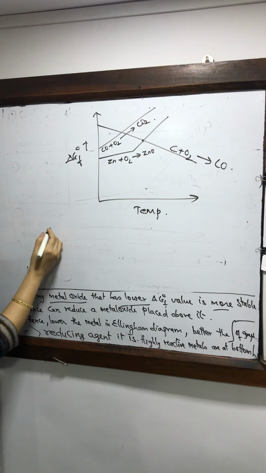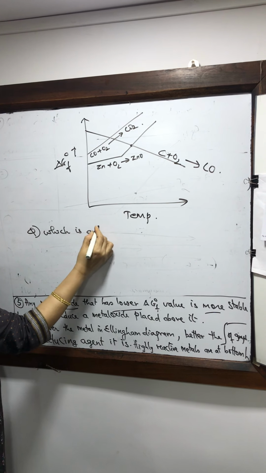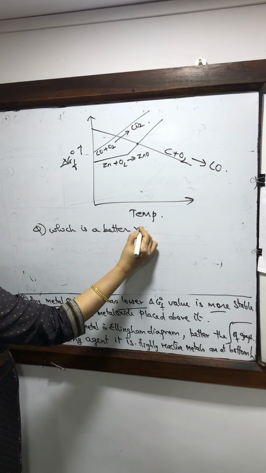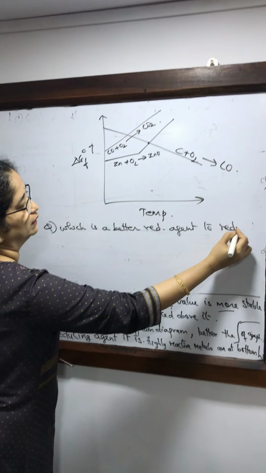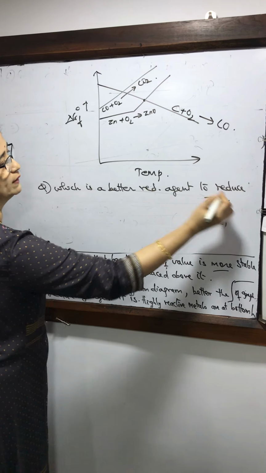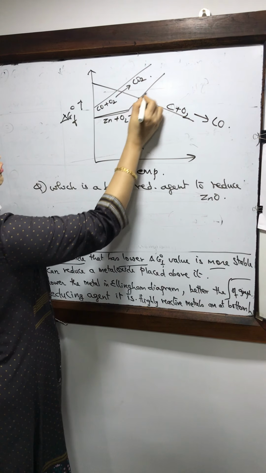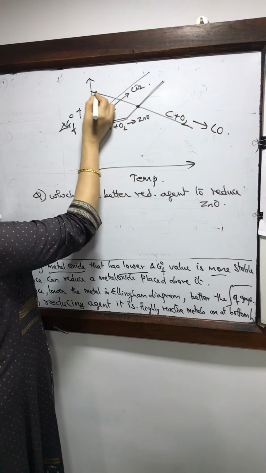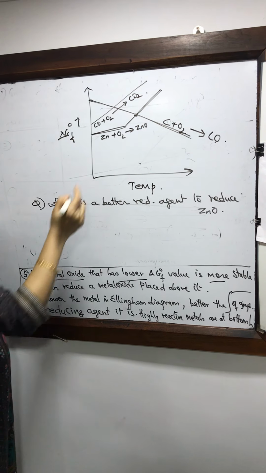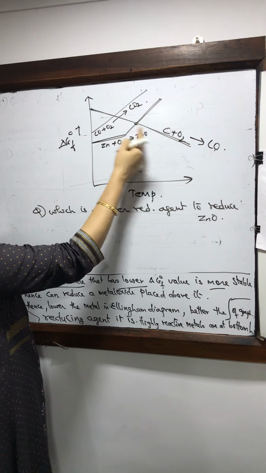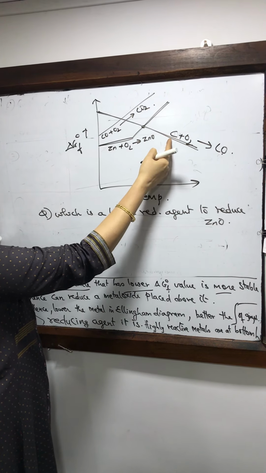Now from this graph, if you are asked which is a better reducing agent to reduce zinc oxide, you will see that the graph for the formation of zinc oxide is cutting the graph for the formation of carbon monoxide. So we have a choice. We have carbon monoxide, we have carbon.